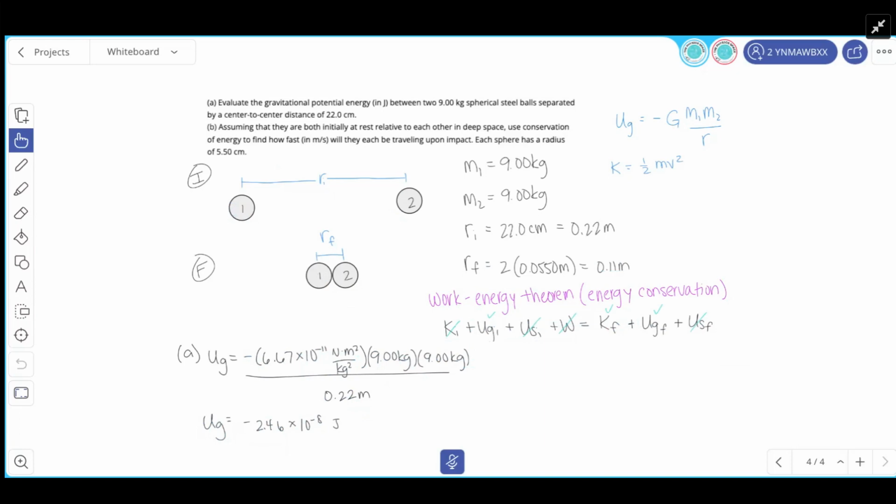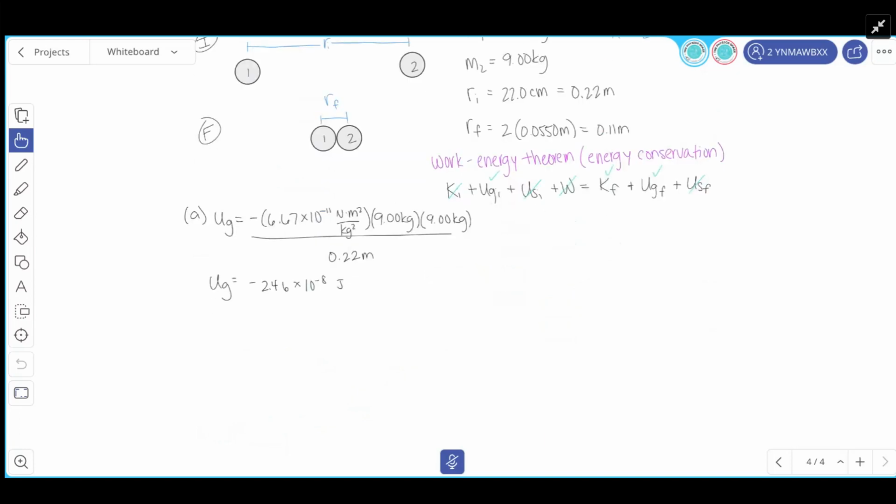So to solve for part B, we're going to use that simplified equation. So we have U_G initial, kinetic final, gravitational potential final, and we can substitute in the equations for each of those things and then the numbers. So for that initial gravitational potential energy, G m1 m2 over the initial distance.